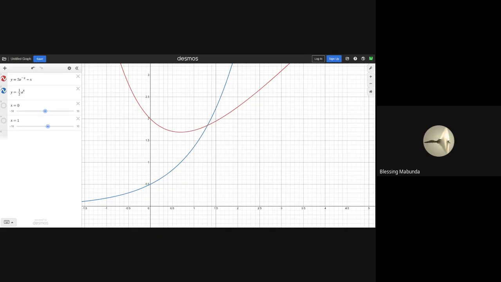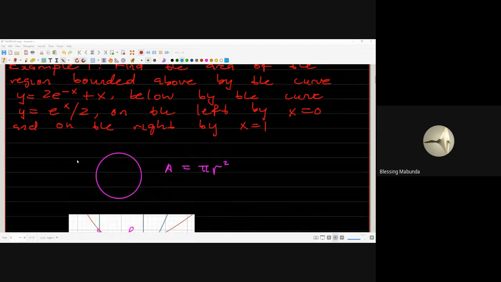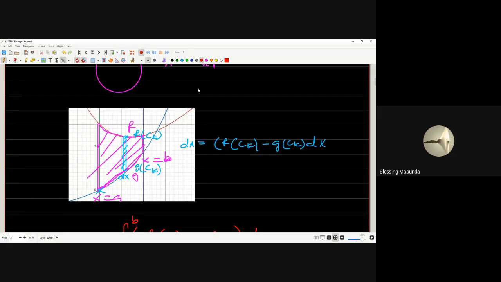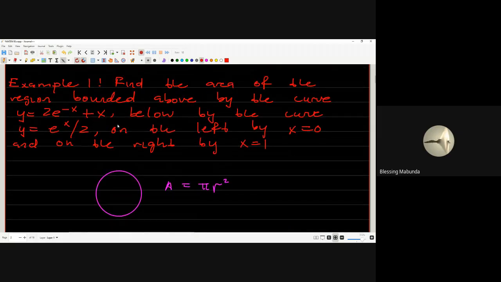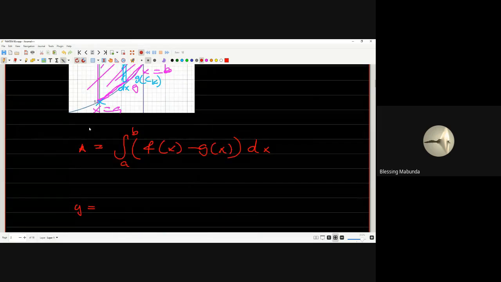And now let's look at how you'd work that out in a test situation. So how you will go about this is that you consider, let's take our y is equal to 2e to the minus x plus x.